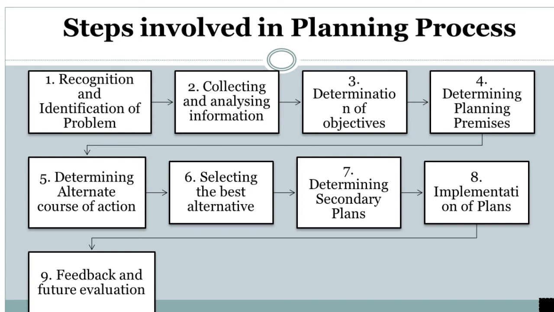Once the best alternative is selected, we have to determine secondary plans, followed by implementation of the plan, and the final step, that is feedback and future evaluation. Now let's discuss these steps one by one.